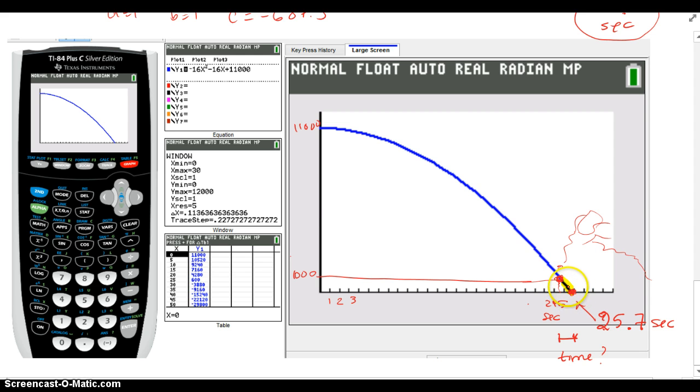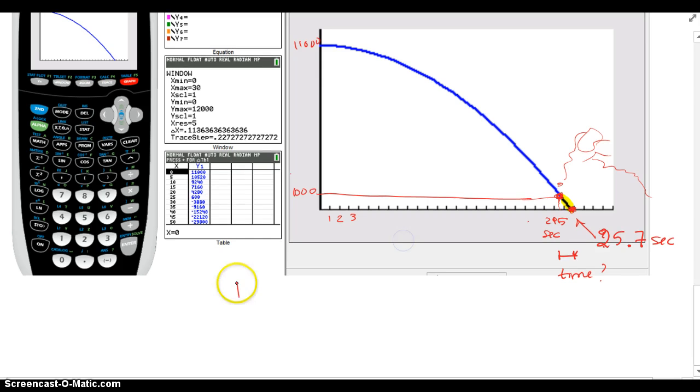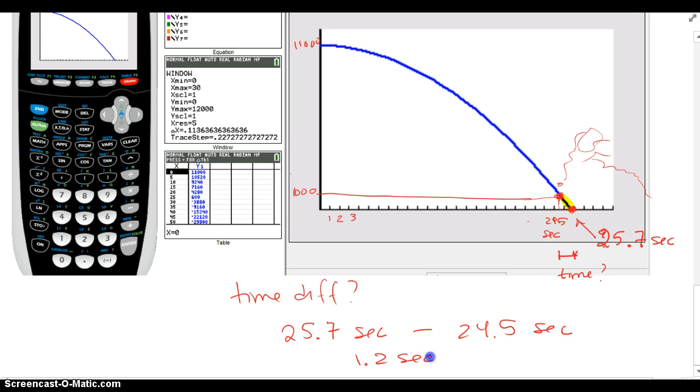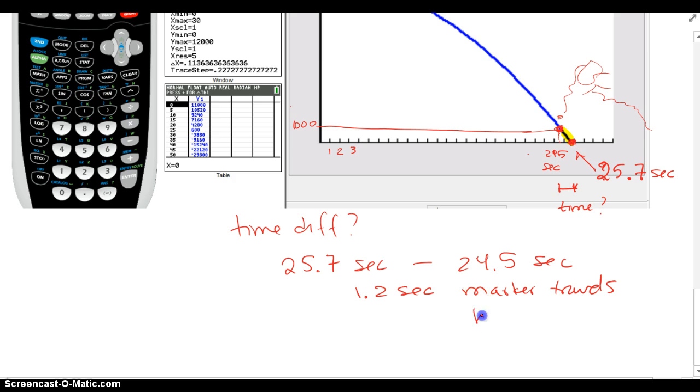So what is that time difference? We take 25.7 seconds minus the 24.5 seconds we had, and we get 1.2 seconds the marker travels, and then it hits the ground.